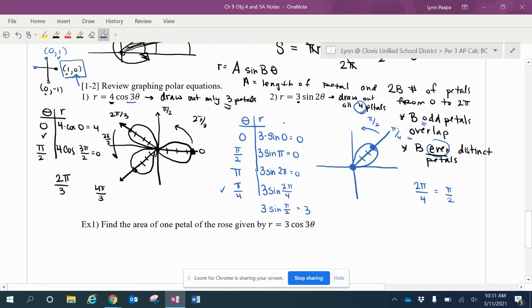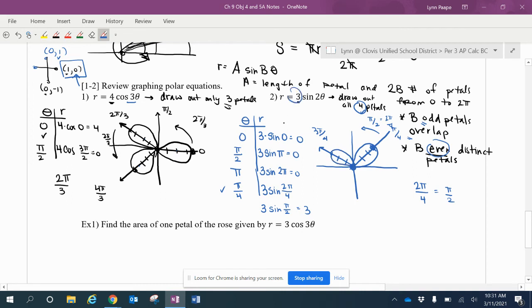So let's get a common denominator here. So pi over 2, I'm going to multiply by 2 over 2. So that would be 2 pi over 4. So then my next petal is going to be at 3 pi over 4, and then out 3 units.